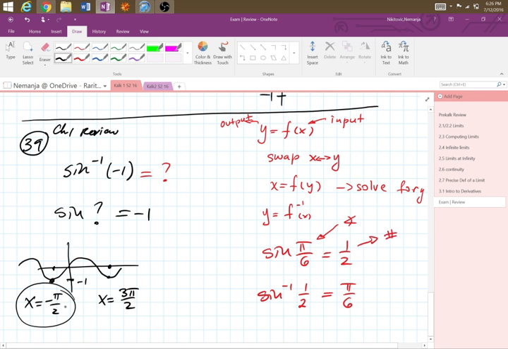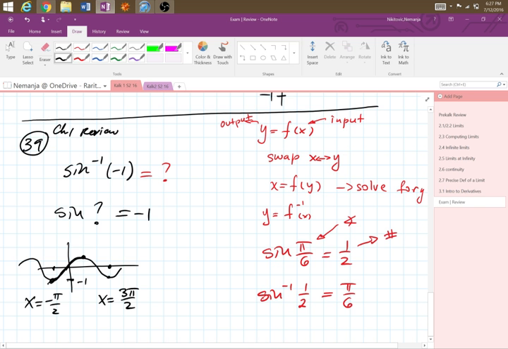Negative pi over 2 is actually the principal value because we restrict the inverse sine from negative pi over 2 to positive pi over 2, so we can make it into a function. Because the sine function that goes from negative infinity to positive infinity fails the horizontal line test, which means that its inverse is not a function.